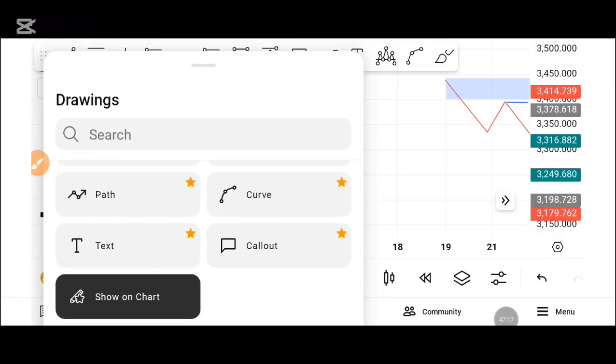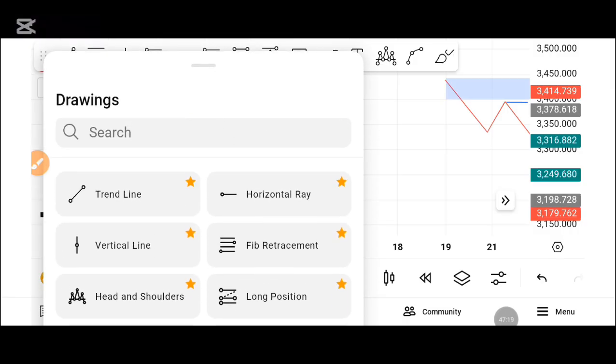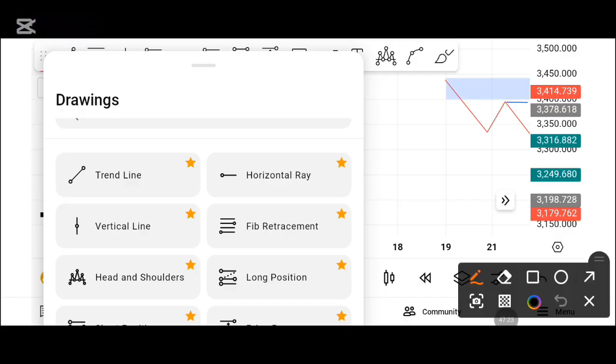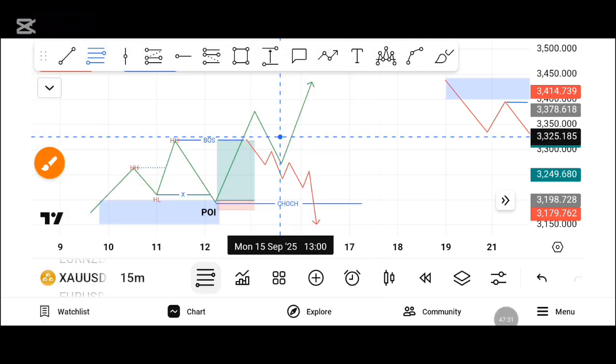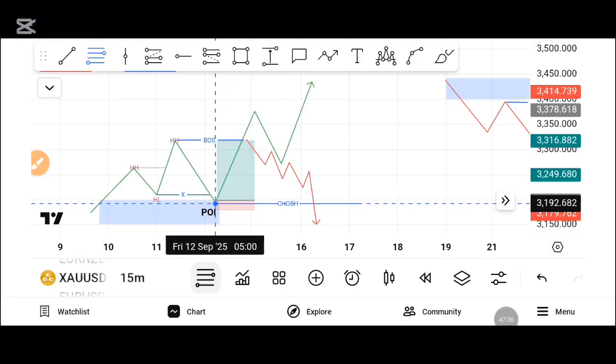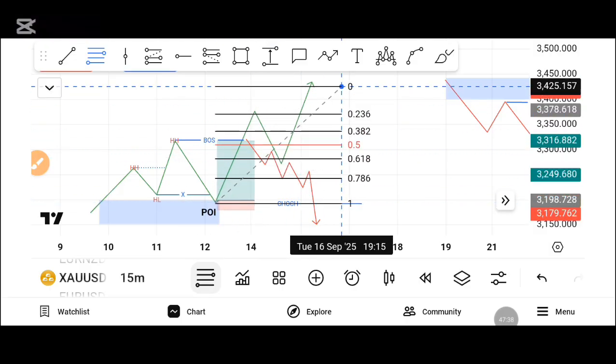These are your tools on TradingView. You can click on your fib retracement here, place it at the low of this swing, and target this high here.